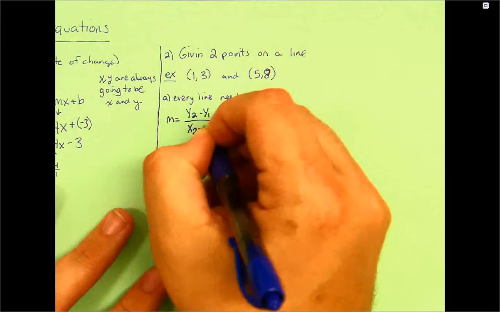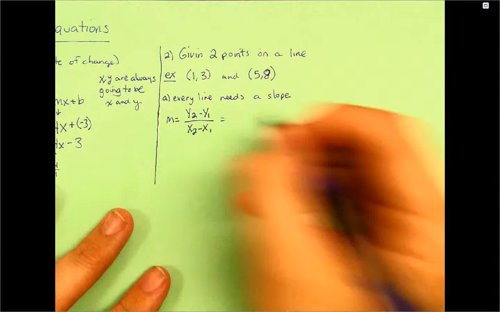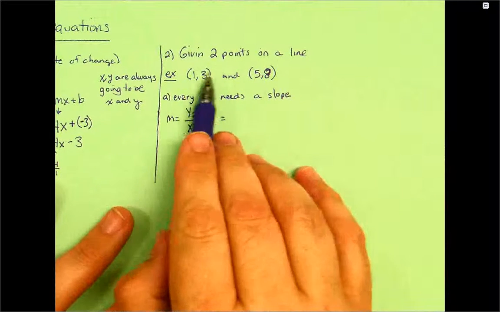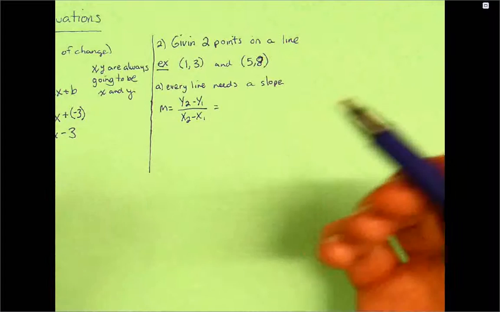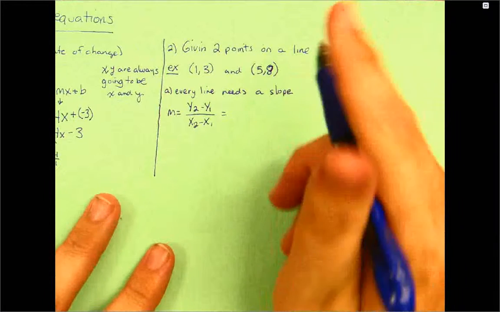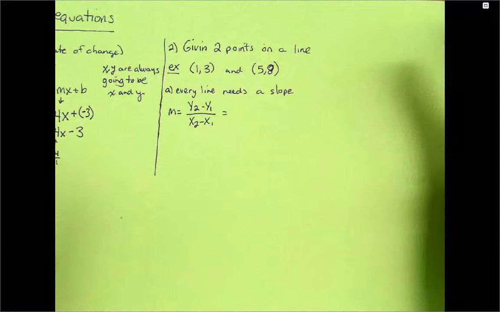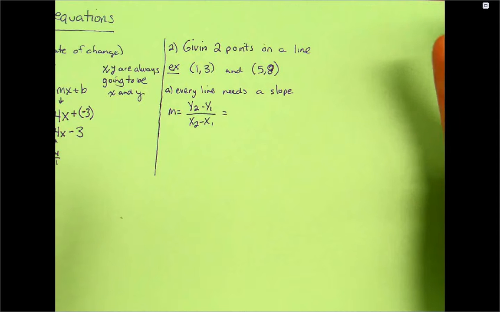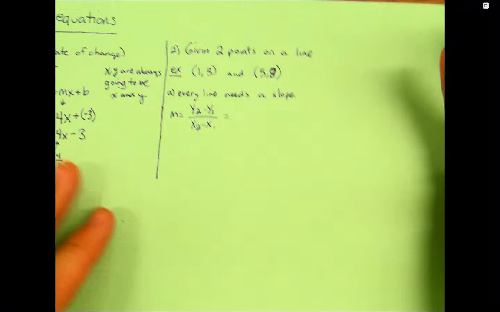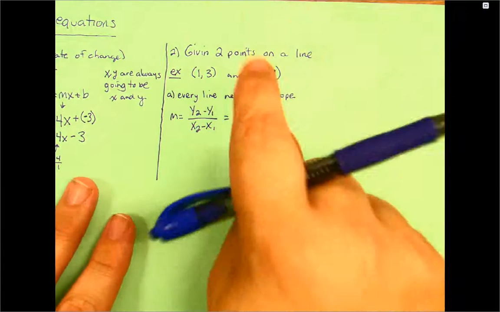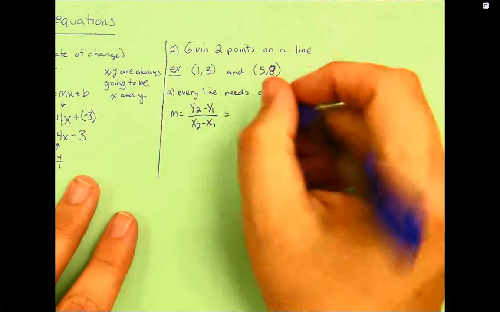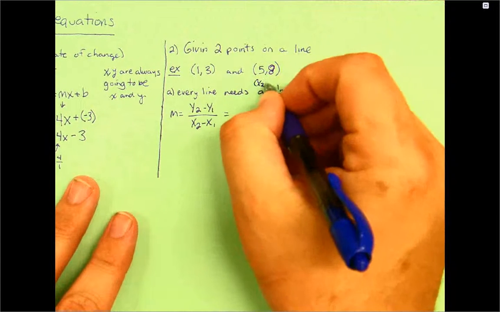And since we're given 2 points, we can just take those two values and plug them in. You get to choose which is x1, y1, and which is x2, y2. I'm going to say that's x2, that's y2, and this is x1, y1.